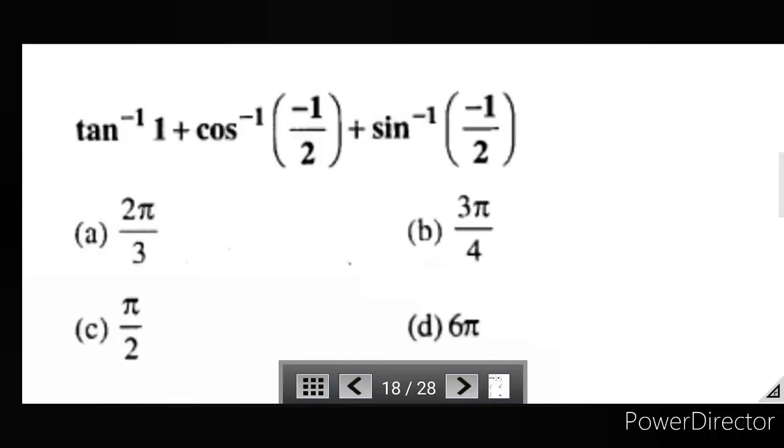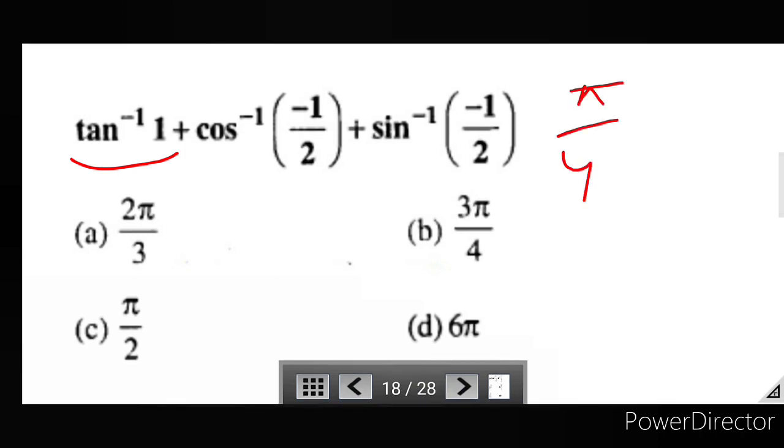Next question, tan inverse 1 plus cos inverse minus 1 by 2 plus sin inverse minus 1 by 2. First of all find out the value of tan inverse 1, which is equal to pi by 4.